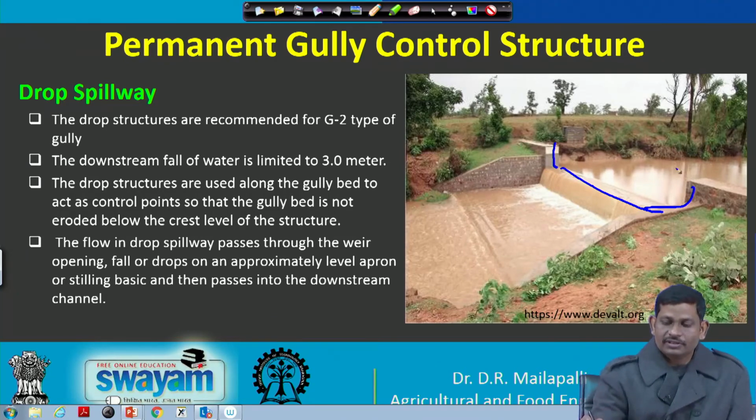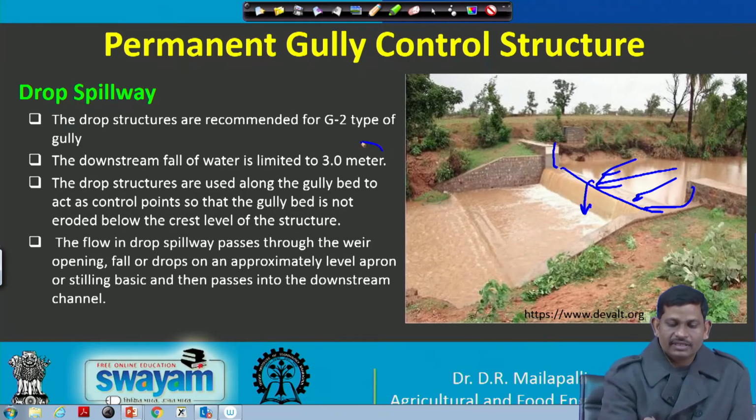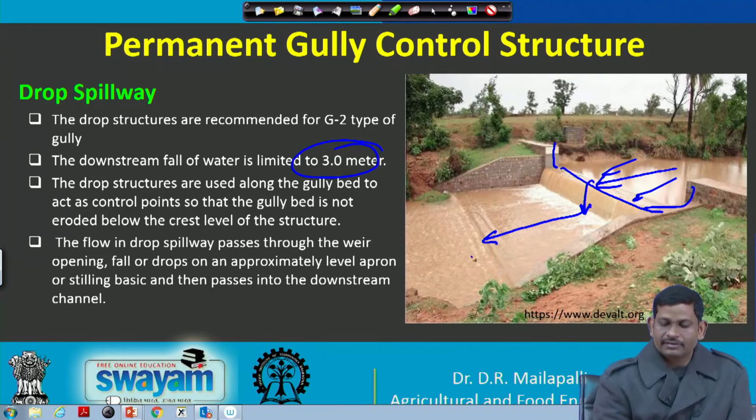Okay. So, water which is falling is going to drop down. The drop could be limited to 3 meters. Then after that it overflows here, and then there are some wing walls like that, which are going to divert the flow to the downstream basically.